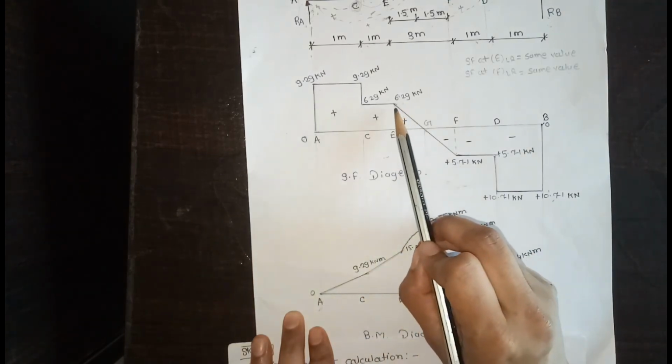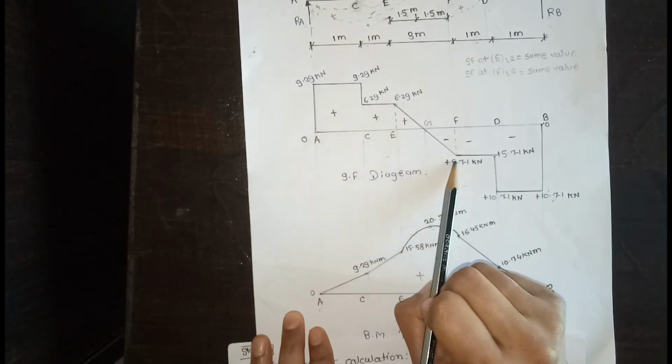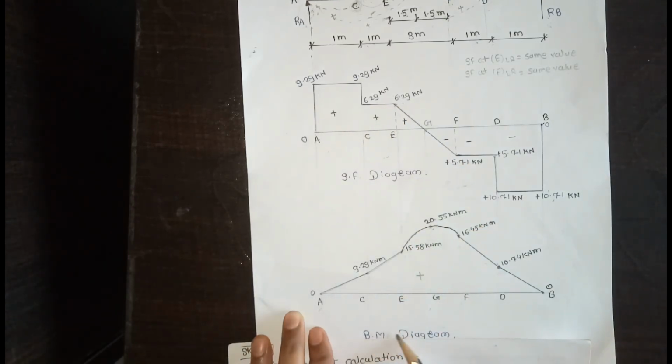Where the shear force diagram has an inclined straight line, the bending moment diagram is a parabolic curve.